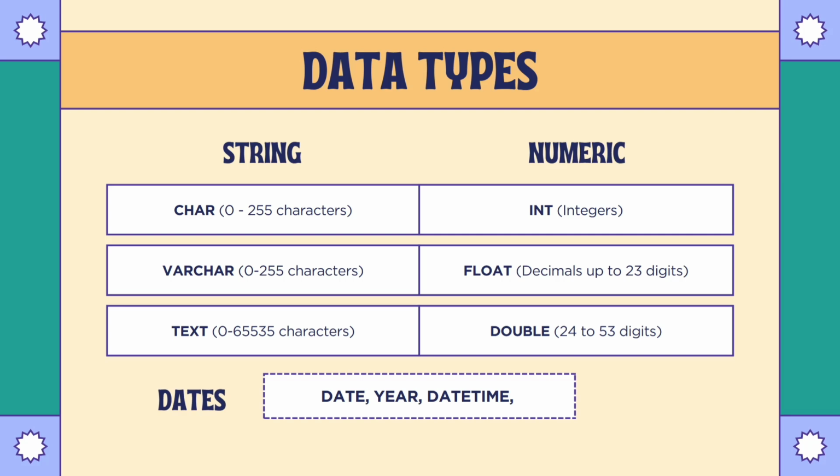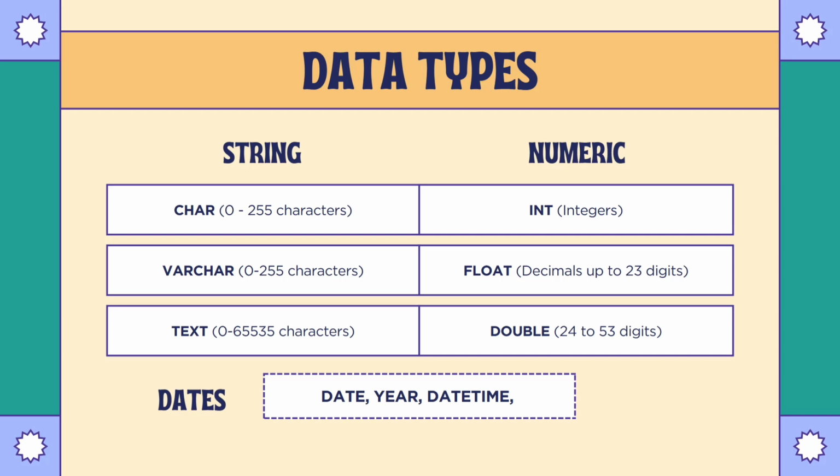And we get dates. In date we get the types date, year, datetime. Now date: if you want to write the date, like today's date is 7/12/2024, and you want to store it in this way, you will use date. Year: suppose you want to store only 2024, you will use year.